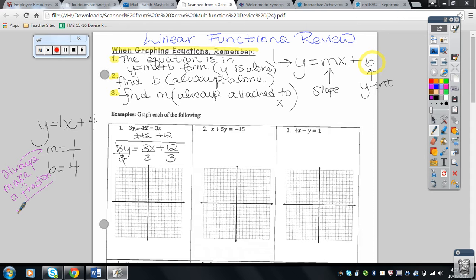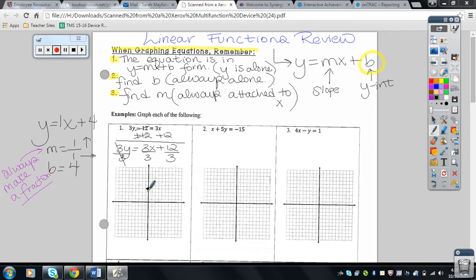Okay, all right, awesome. So now I'm going to plot b first because that was the first one I found. So b is on my y-axis, so I'm going to go up to 4: 1, 2, 3, 4, and plot a point. Now, because my slope is positive, I'm going up 1 and to the right 1. Rise over run.